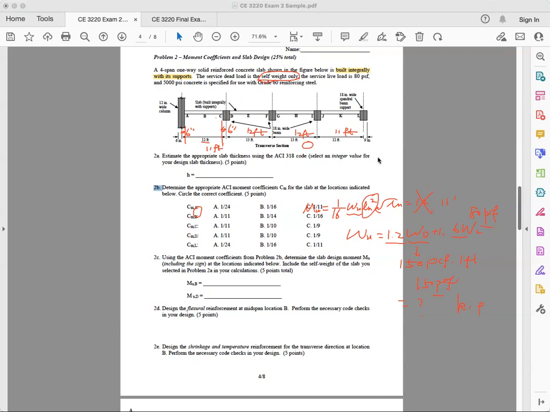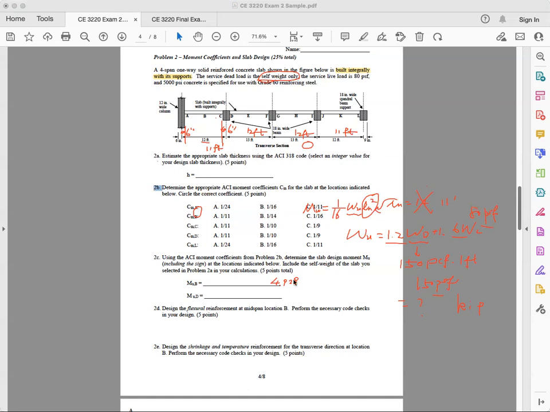So 11 multiplied by 11 and multiplied by 0.308 and then divided by 16. So divided by 16 is 4.928. Okay, I'm just getting some numbers. So 4.928. All right. And this number right here is supposed to be the moment.